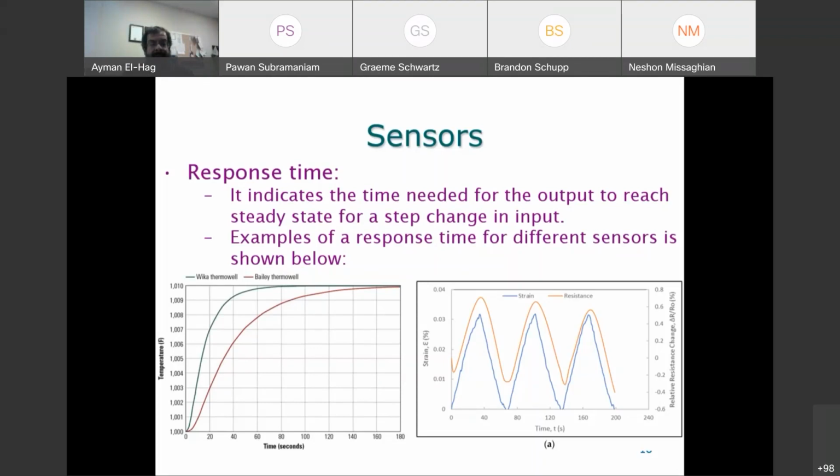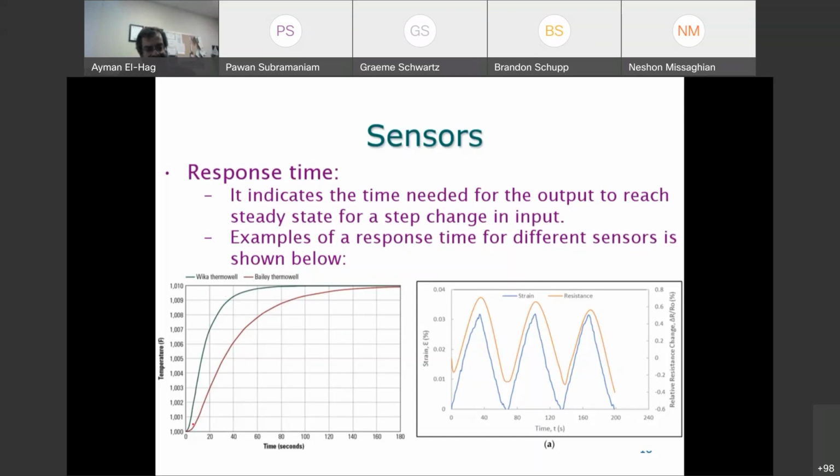And the temperature that we want to measure, usually, let's say, with thermocouples. Now, how fast or how slow these thermocouples respond depends on some design factors of the sensor. So for example, here are 2 different types of sensors, and they have different materials.